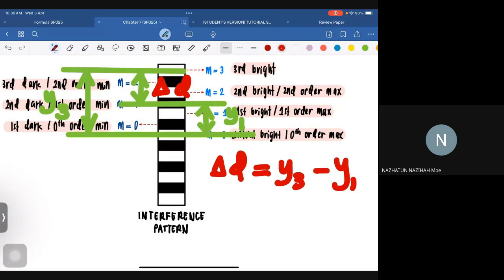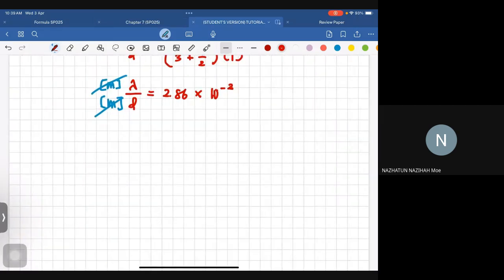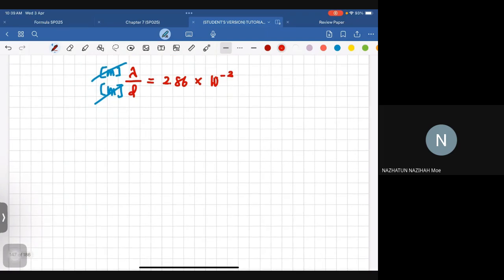That's why I said if you have a drawing, it's easier to understand and to identify how to solve. But if you don't want to draw, no problem. Okay, so first we find the first order minimum. The first order minimum is a dark fringe, so the formula is m plus half, lambda, uppercase T, lowercase t.